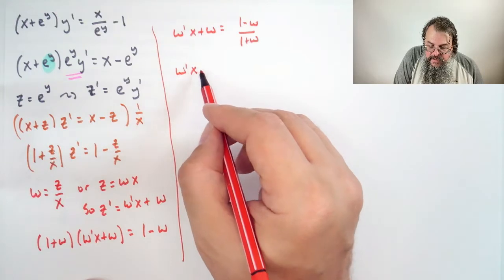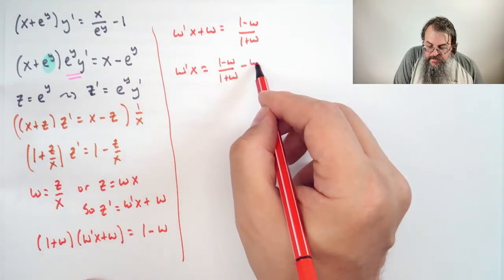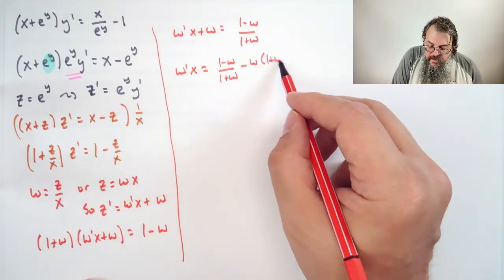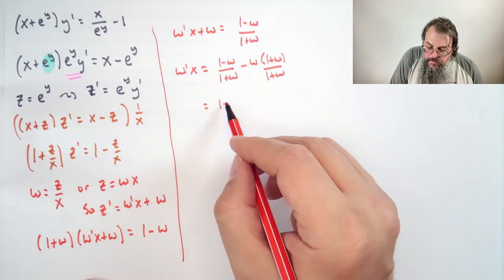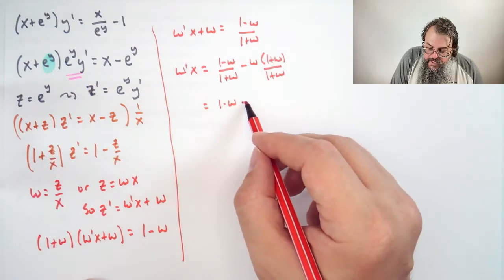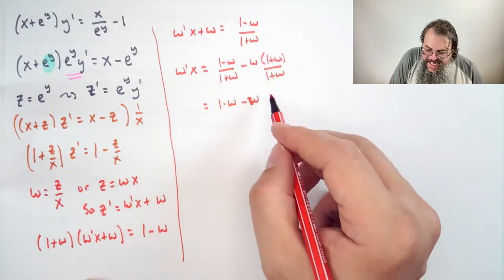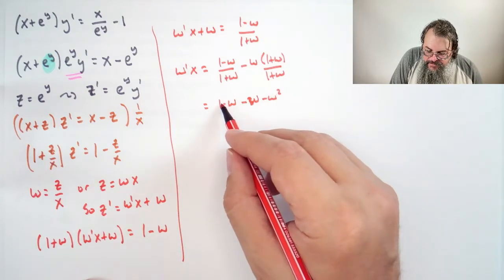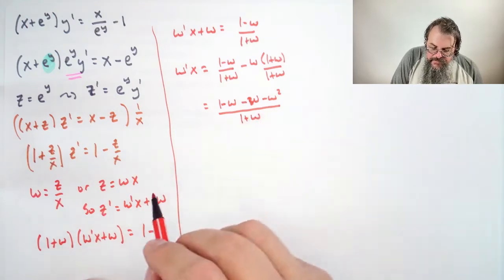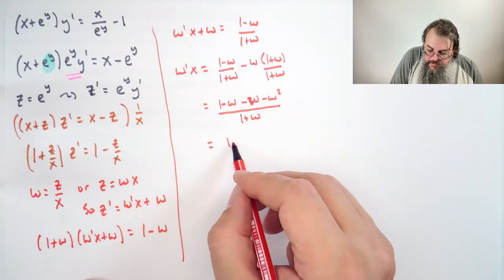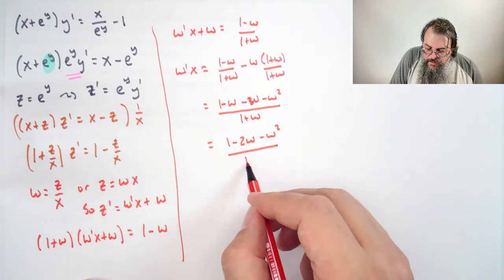Subtract w, which is (1 + w) over (1 + w), which would become 1 minus w minus w minus w squared, all over 1 plus w, which is (1 - 2w - w^2) over (1 + w).